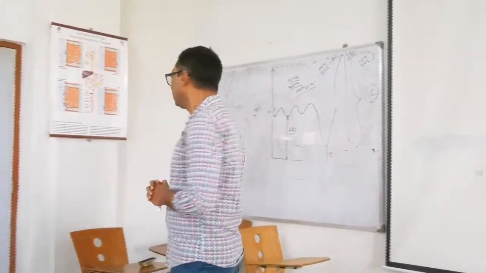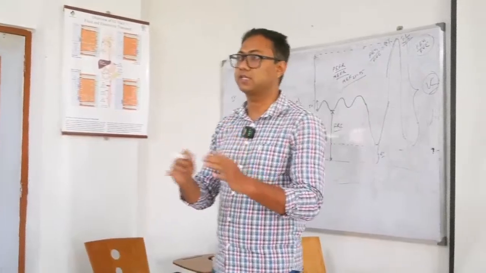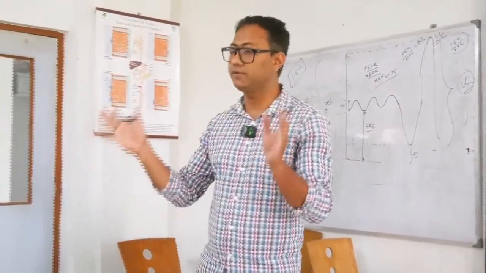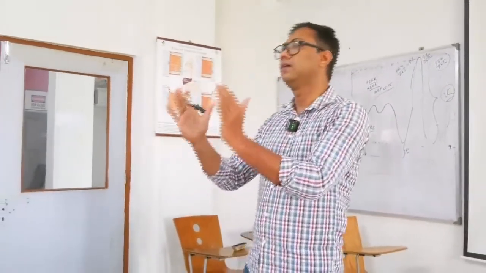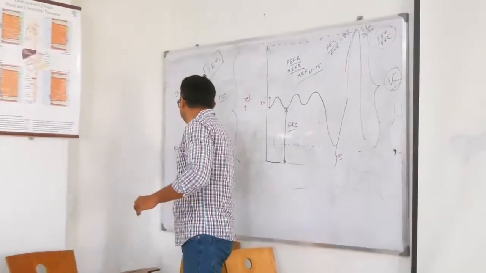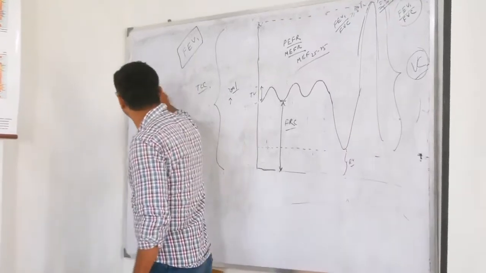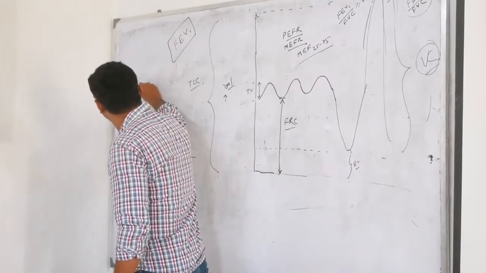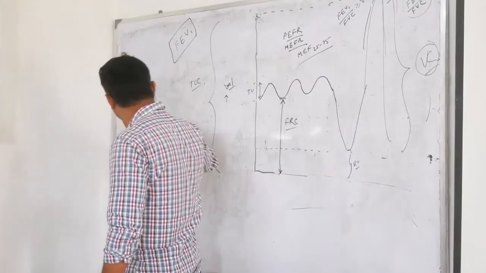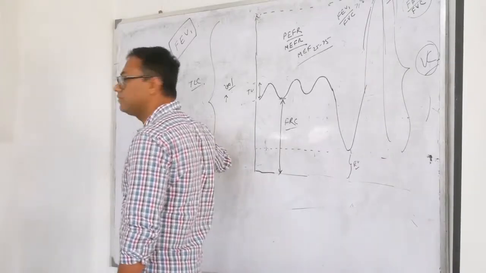Now MEFR is mid expiratory flow rate. The total time span is 5 seconds. You divide it and take the mid 50%. I told you it will come like this, because initially the flow rate is high and gradually the flow rate will fall.